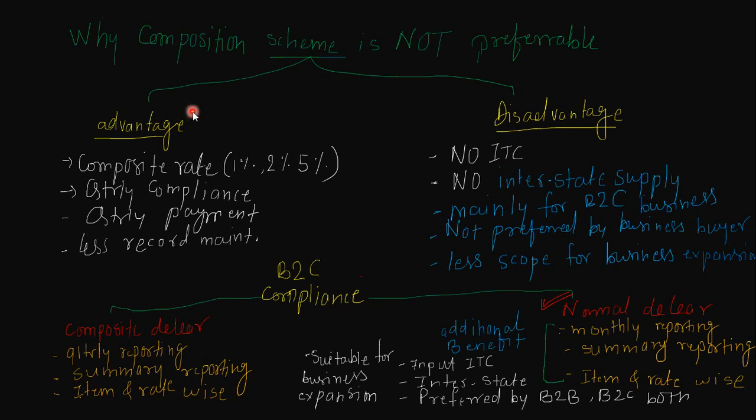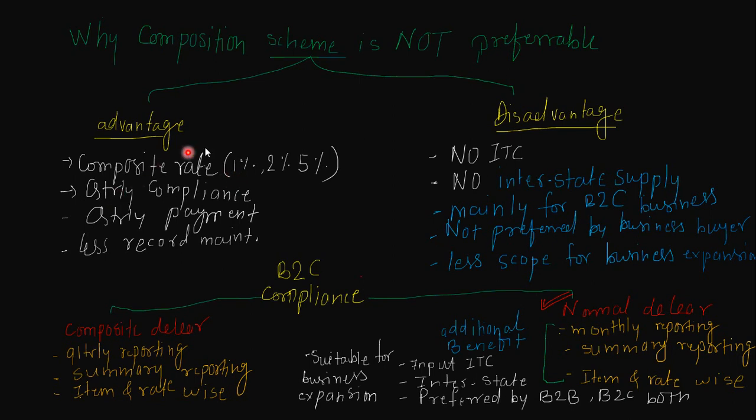We are all aware from our previous lecture what the composition scheme is all about. If you are a small dealer having a turnover of 50 lakhs, or 75 lakhs in some states, and you opt for the composition scheme, you don't have to pay the normal tax rates of 5%, 12%, 18% and 28%.